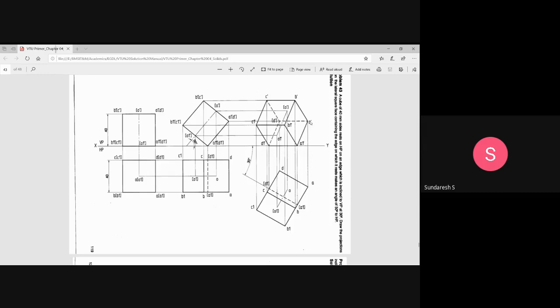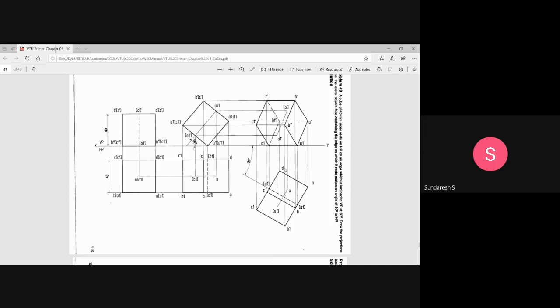It is an outline, so it has to be shown as a continuous line. A dash and B dash is an outline. B dash, C dash is an outline. C dash and C1 dash is also an outline. B and B1 is also visible in the front view, because this edge is nearer to the observer when observing from the front. Therefore B dash and B1 dash is also a visible edge.